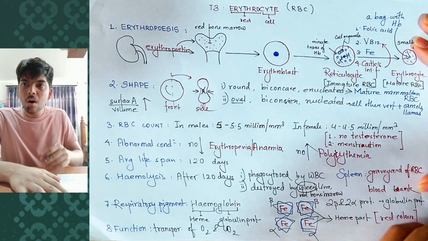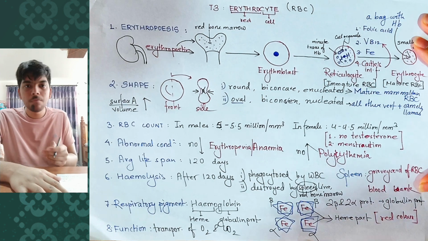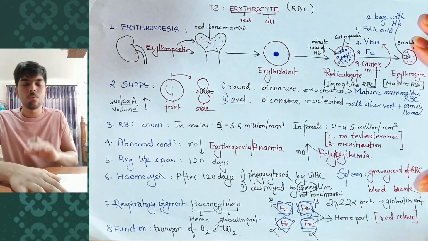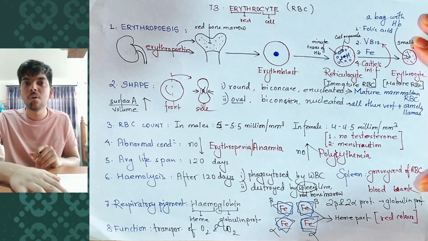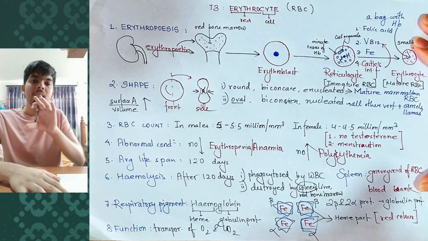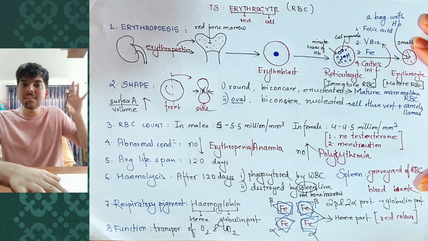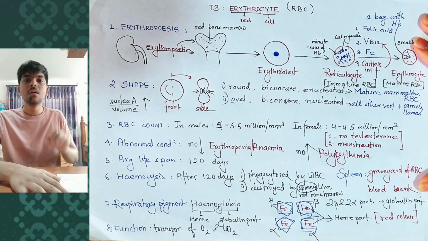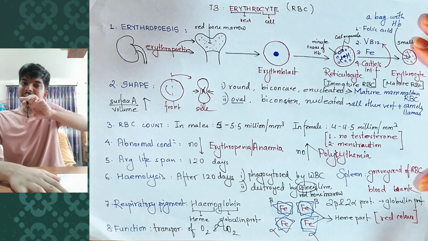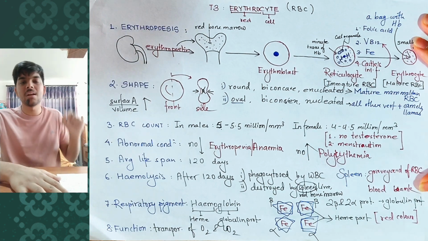Precursor cell of, suppose, cell A is that cell which is responsible for the formation of cell A. What do I mean? Let's suppose there's cell A, and then there's this cell which is the precursor cell of cell A. It means that for the formation of cell A, this precursor cell is responsible.